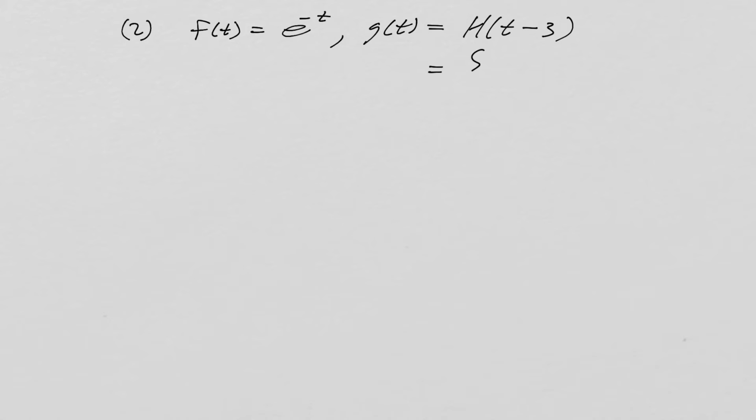This is the function that is 0 when t is less than 3, and it switches on to 1 when t is greater than or equal to 3. So it's just a little step function. It's 0 beforehand, all the way through 0, 1, 2, 3, and then it jumps up afterwards.